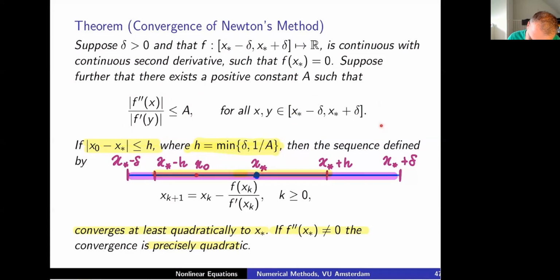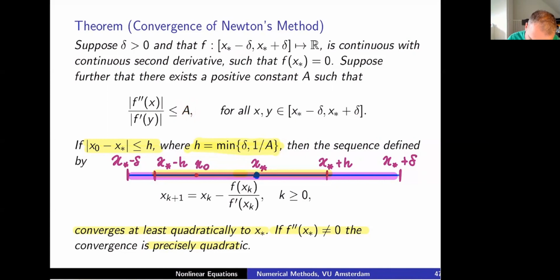So this is a bit mysterious at first, and I've given you an intuition of how these conditions come about, but I'm going to go through it again now. And then the theorem states that if your initial guess is sufficiently close to the root that you're trying to approximate, so by sufficiently close, we mean that the absolute value of x naught minus x star has to be less than or equal to h, where h is connected to the interval that you started off with, as well as the constant a.